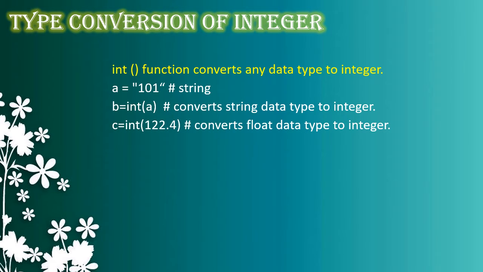And another one, a decimal value is also converted to integer through the int function, c equal to int of 122.4. Now we are printing b and c. You see the output, it will be changed to integer. So the string 101 will change into an integer, and 122.4 will be converted to the whole number as an integer.